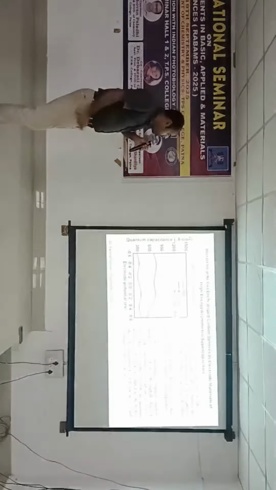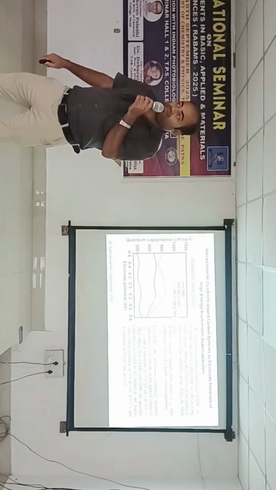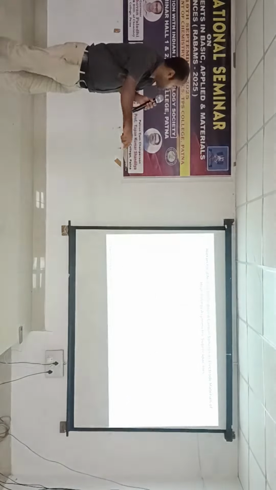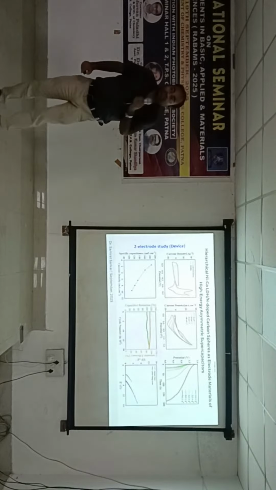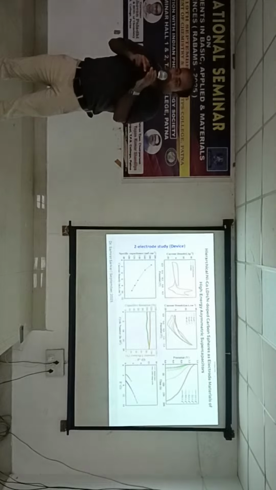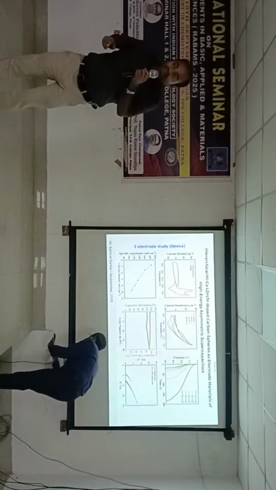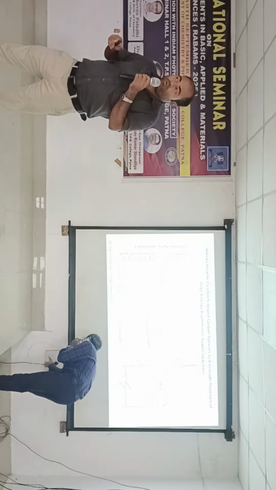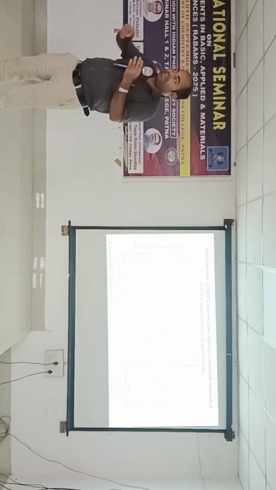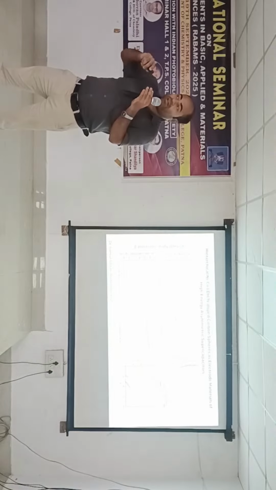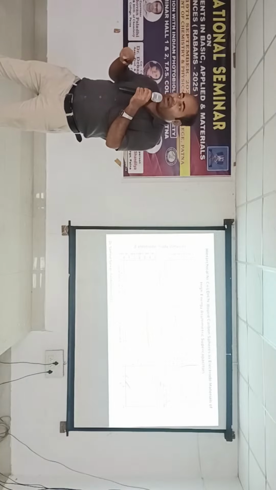And since we have got very good results, we also thought about making a device out of this. So now the two electrode or the device study of the material: we used our material, that is the nitrogen doped carbon NDH, as the positive electrode and activated carbon as the negative electrode, and these two were assembled together in a gel electrolyte, and we got the device.